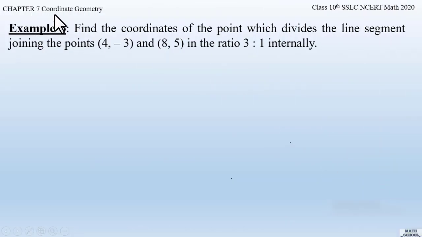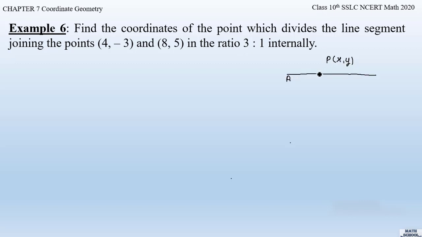Example 6 from chapter 7 coordinate geometry says: find the coordinates of the point which divides the line segment joining the points (4, -3) and (8, 5) in the ratio 3:1 internally. So here we have to find the coordinates of a point. For example, there is a point P(x, y) and we have to find its coordinates.